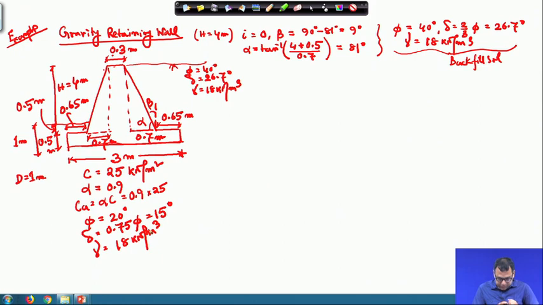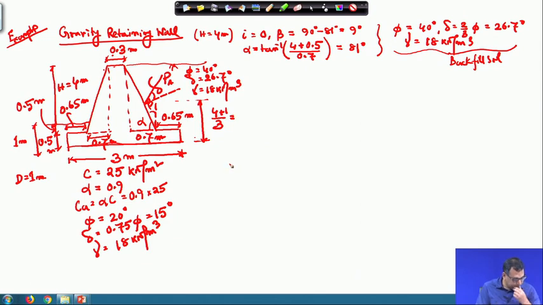So, these are the soil properties and we have to design the retaining wall, and we are using Coulomb's theory here. So, the force will act perpendicular to the wall line with an angle delta, and this will be the P A. The point of application is from here: the total height 4 plus 1 divided by 3.